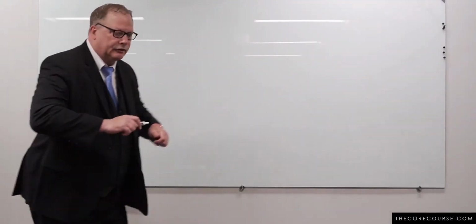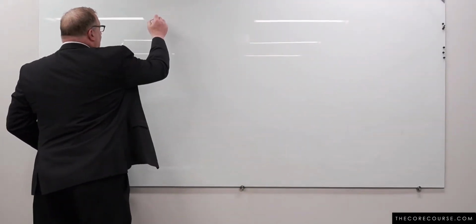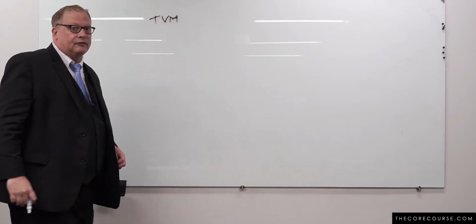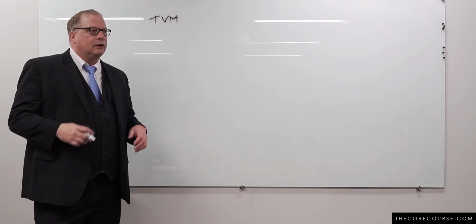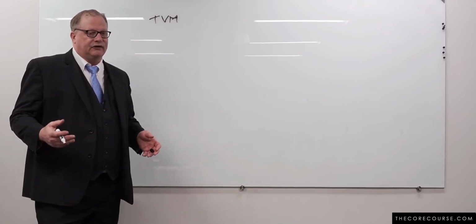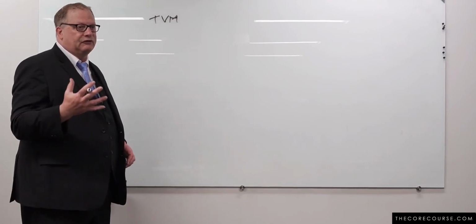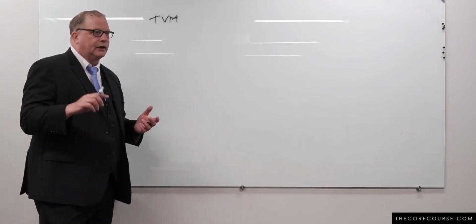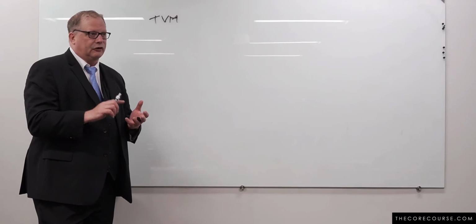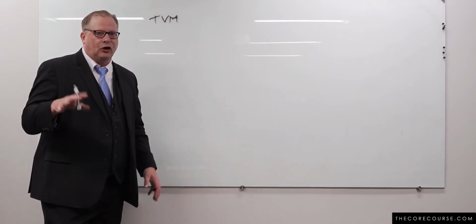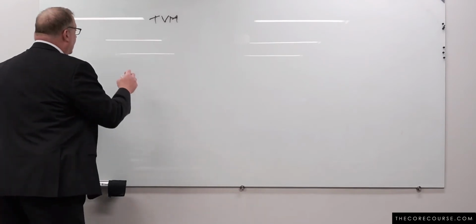Alrighty then, let's talk next about this magical mystery called TVM, or time value of money, okay? So the first thing that you want to know about time value of money is the top row on your calculator, and there are 5 different keys. And whether it's this calculator or any kind of calculator or any kind of spreadsheet or computer program, it's always these 5 keys, and this is what they are.